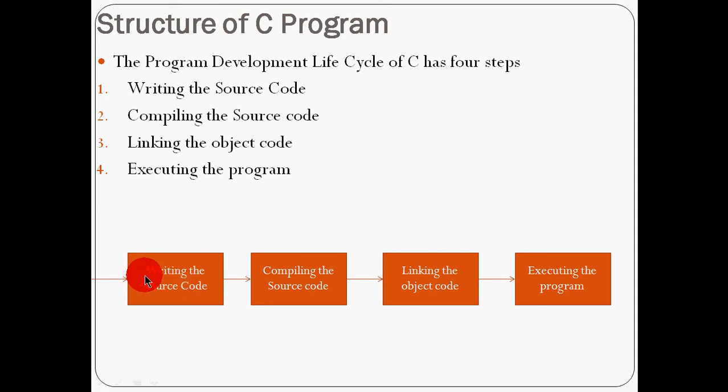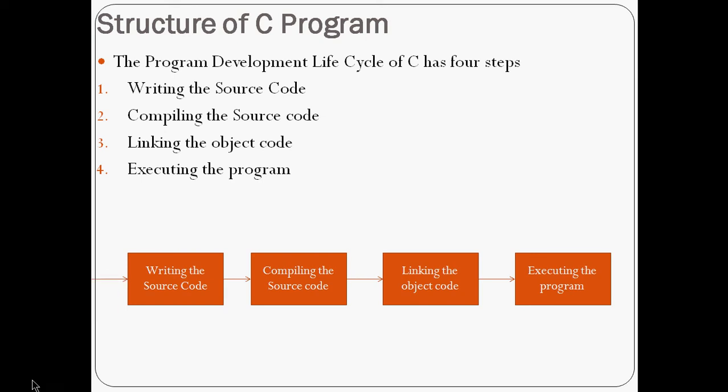We write one sample program, hello world. We define the header file first, then the main function. Inside main I write one printf statement, whose definition is already defined under stdio.h.